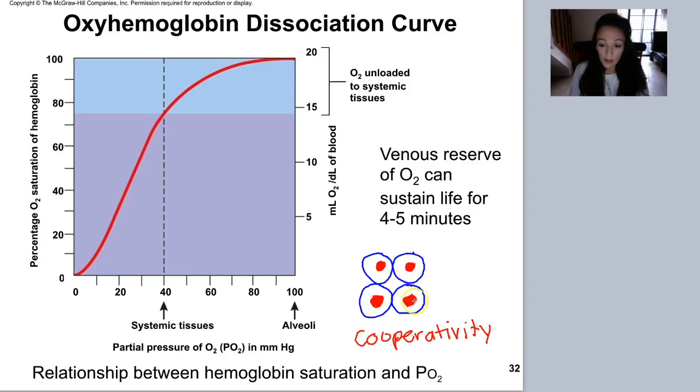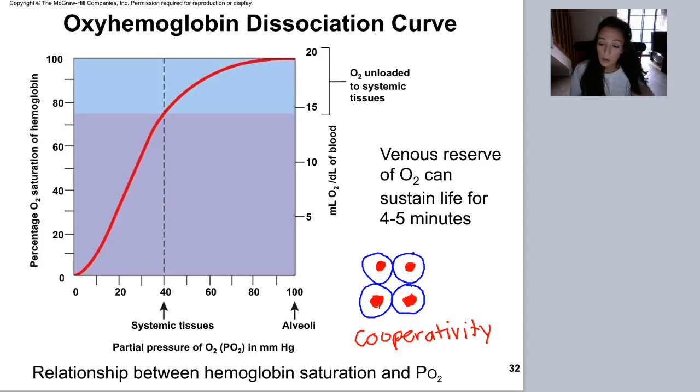And once 3 are bound, the 4th has an even higher affinity for oxygen. Affinity is just the tendency for a molecule to bind another molecule. So if hemoglobin has a really high affinity for oxygen, it really wants to grab an oxygen molecule fast. If a molecule has a low binding affinity for another molecule, it's not really that interested in binding to that other molecule.